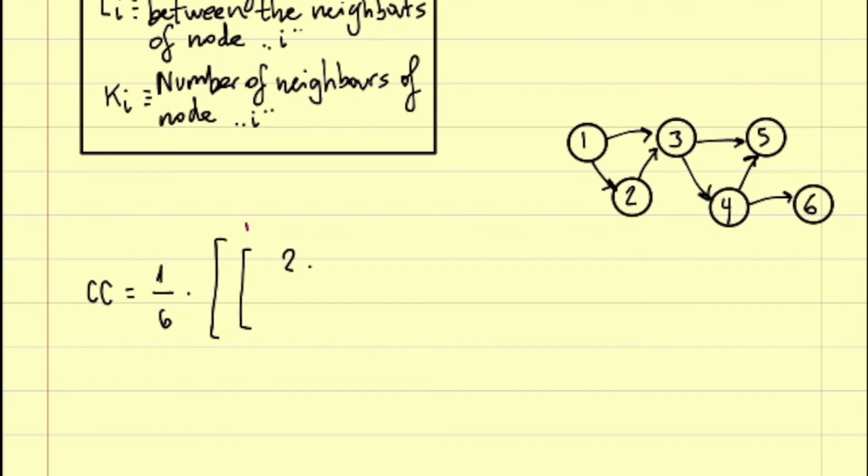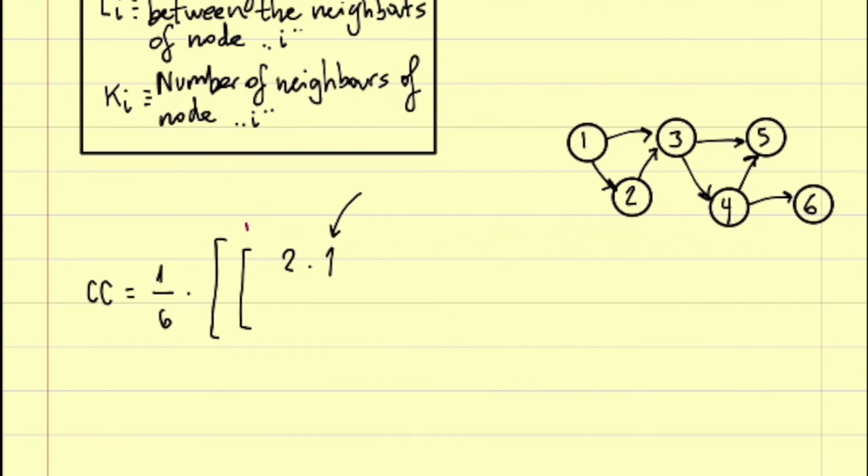What are the neighbors of node 1? 3 and 2, right? How many relationships do we have between the neighbors of node 1? Somebody tell me. 1. Okay, so 2 and 3 only have one relationship between each other. So L1 is 1.